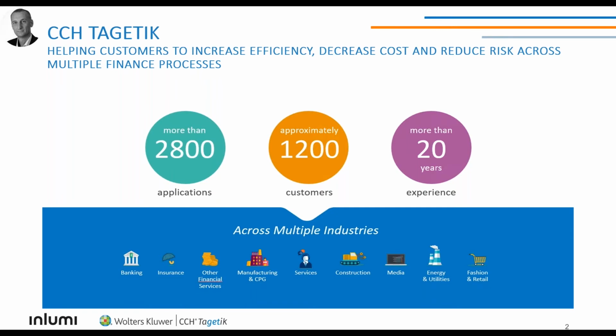So we are a mature company, part of a large organization, so we have worldwide coverage, and together we created for more than 1,200 customers up to 2,800 applications to serve our customers in any industry, as you can see in the slide. So we are industry agnostic, and what we do is always delivering CPM.